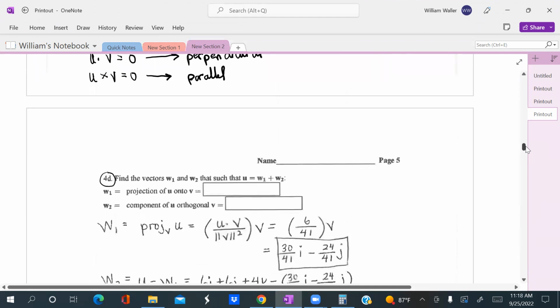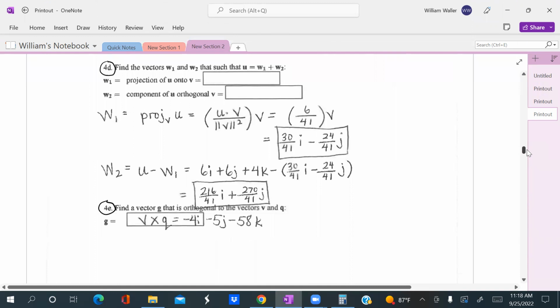Now one operation that is a little bit more complicated, but that you're going to have to recall, is how to find the projection of one vector onto a given vector.